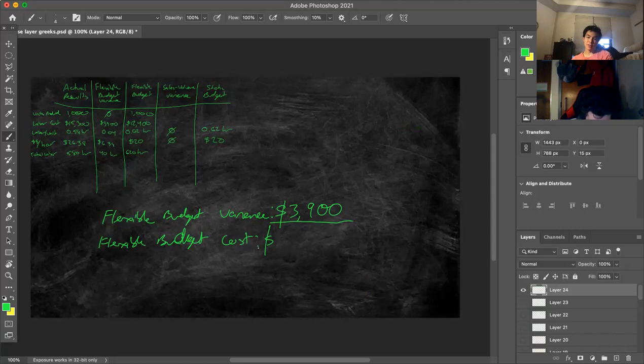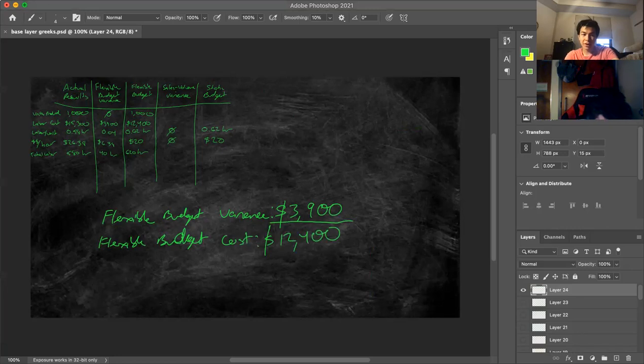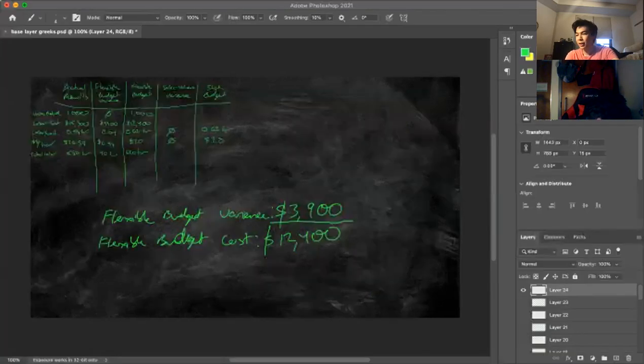You've already done it. Oh, we've already done it here. It's actually just the total, it's just 12,400. Flexible budget cost. Oh, okay. Very good, it's a trick question.